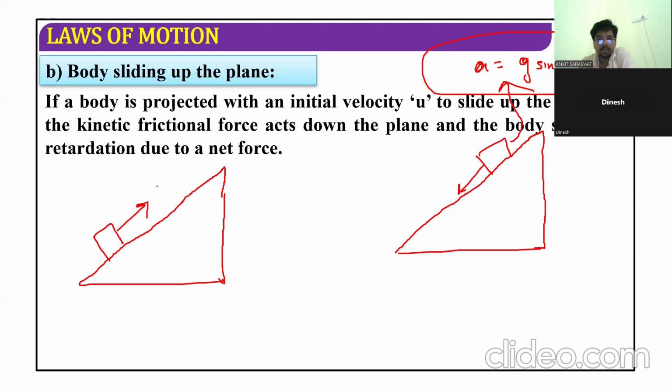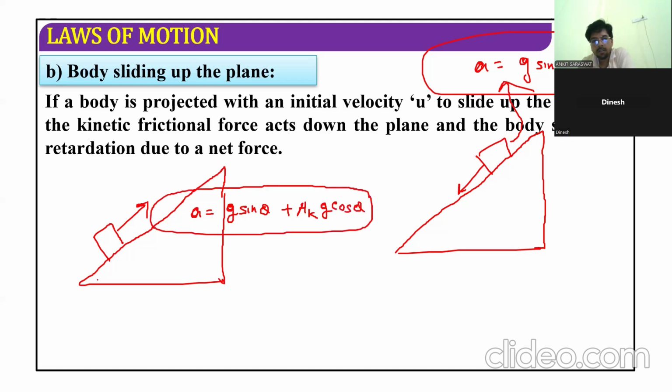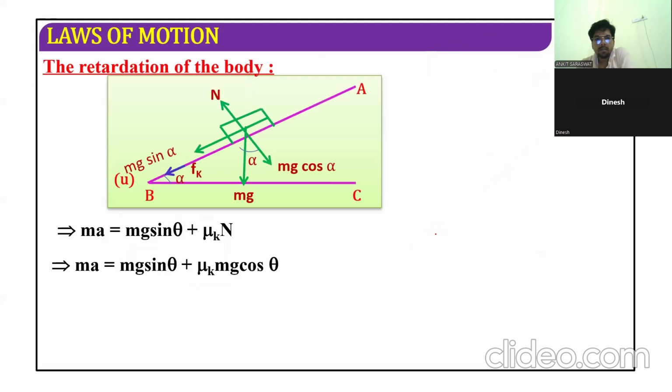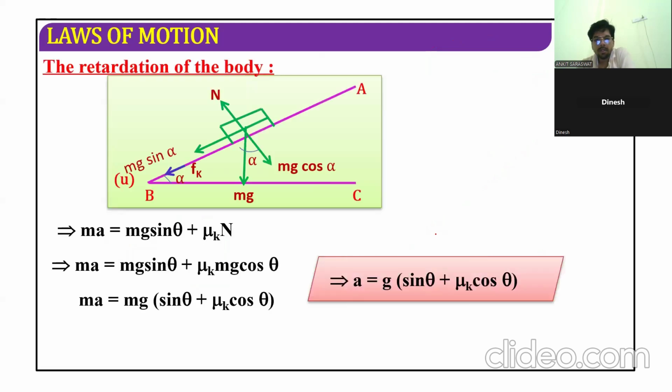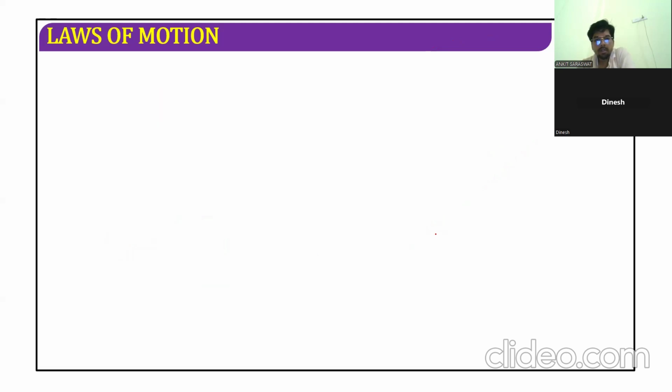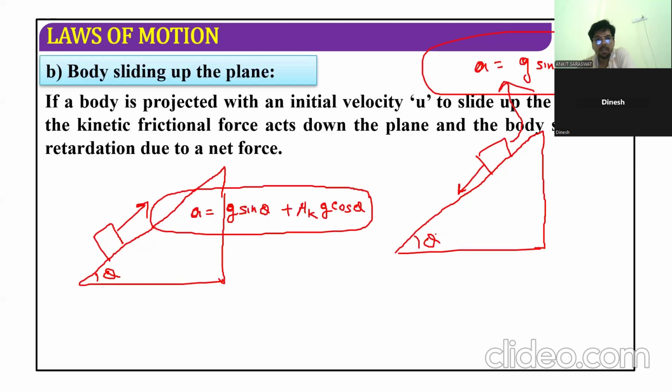Then here the formula will be a equal to g sin theta plus mu k g cos theta. Clear? Okay, sir. Simple, minus and plus are different. Same thing you will get. You can check also. You will use this when the body is going up the plane.